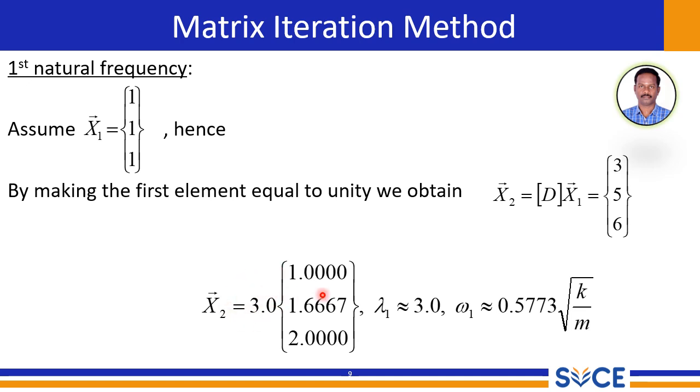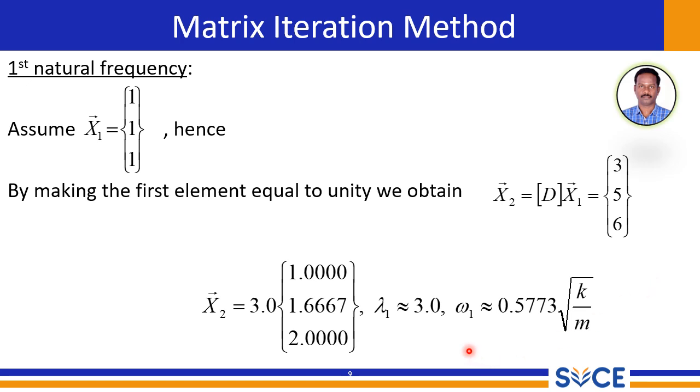Using the relationship lambda equal to k by m into 1 by omega square, what we discussed in the last slide, we can approximately calculate the value of the first natural frequency as 0.5773 times root of k by m. If we know the k value and m value for the given system, we can calculate the natural frequency.